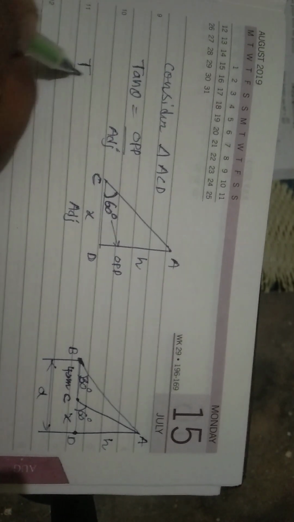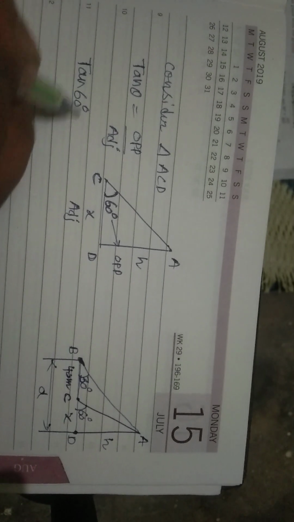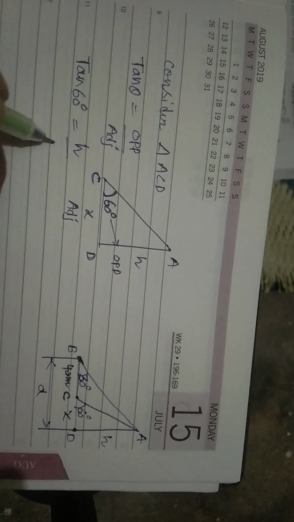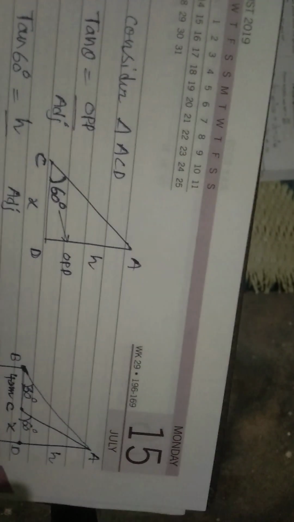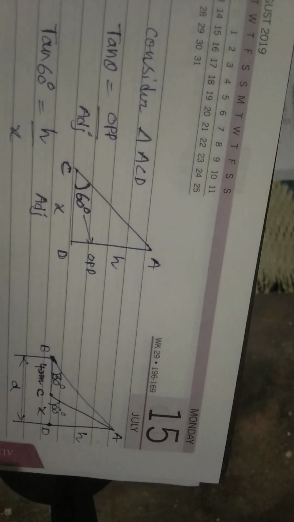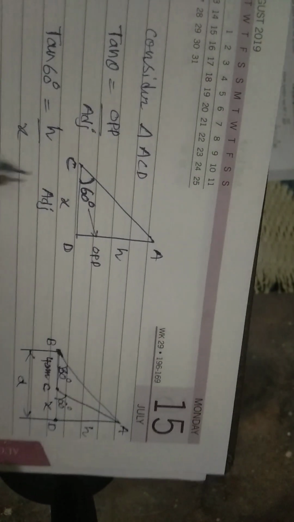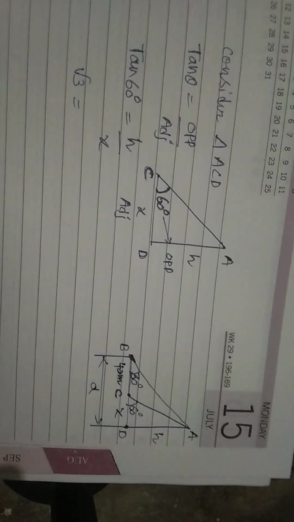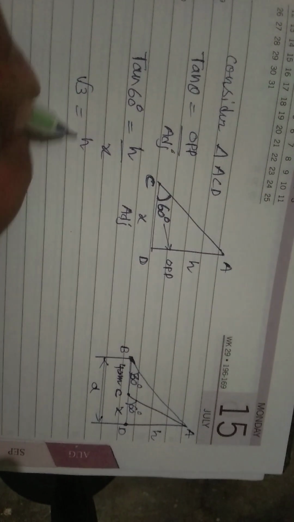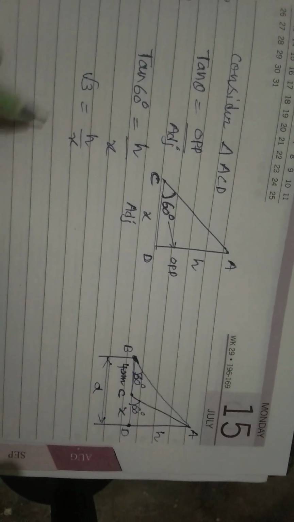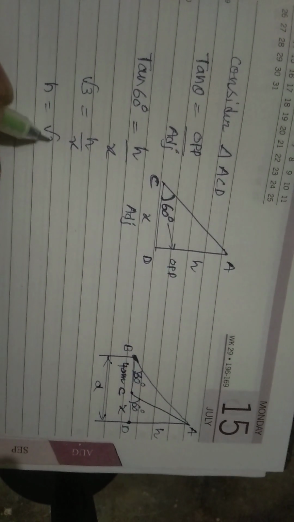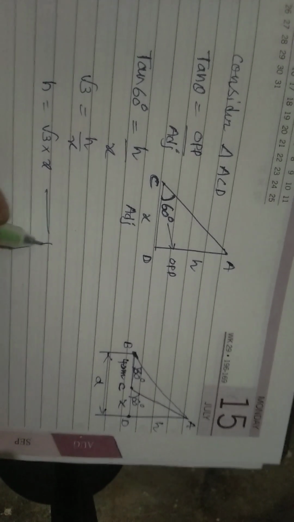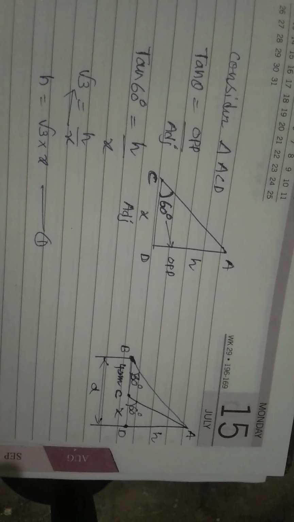Here theta is 60 degrees, the opposite side is the height of the tower, and the adjacent side is the distance from the second observation point to the tower, which we consider as x. We know that tan 60 is root 3. Root 3 is equal to h by x. So h is equal to root 3 into x. This is our equation number 1, by cross multiplication.